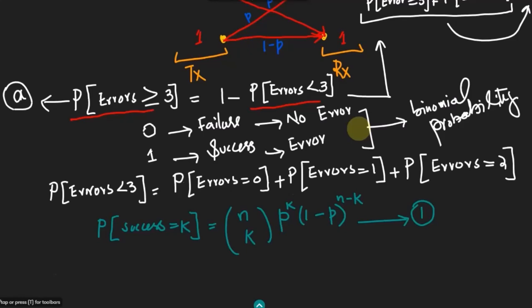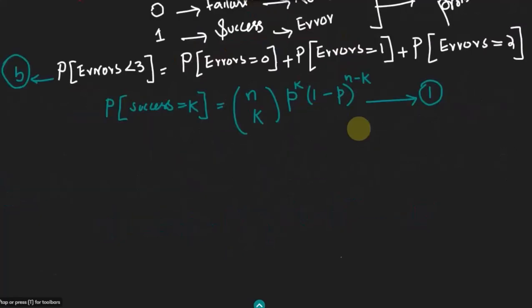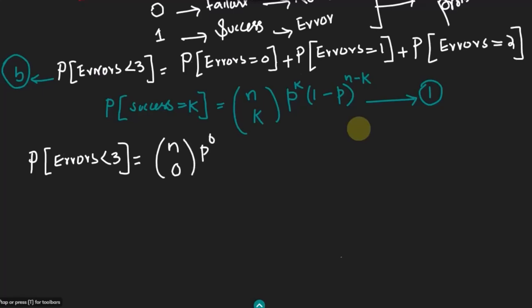So putting this equation for all the terms in B here. Let me call this equation B, and let me write all the forms for it as well. Here we will see that the probability of errors less than 3: for errors equal to 0, or success equal to 0, we get n choose 0, p^0, and similarly 1 minus p to the power n minus 0.